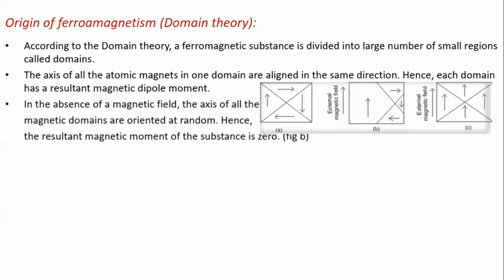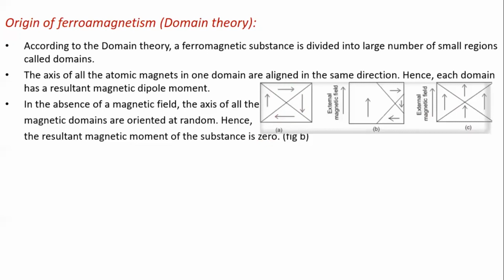In the absence of a magnetic field, the axes of all the magnetic domains are oriented randomly. Hence, the resultant magnetic moment is 0. You can see here that this and this cancel each other, and this one and this one cancel each other. So the resultant magnetic moment is 0 in the absence of a magnetic field.